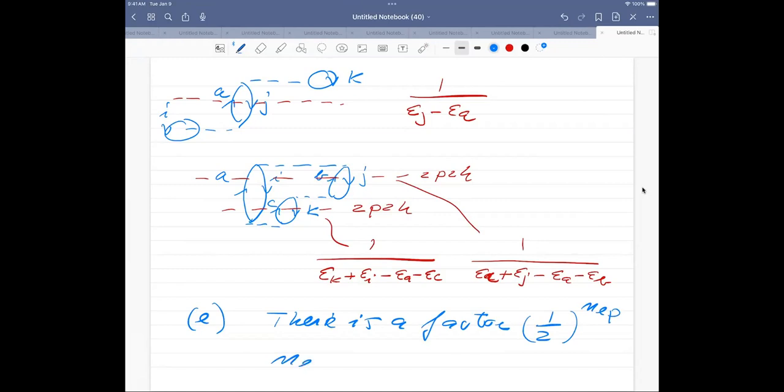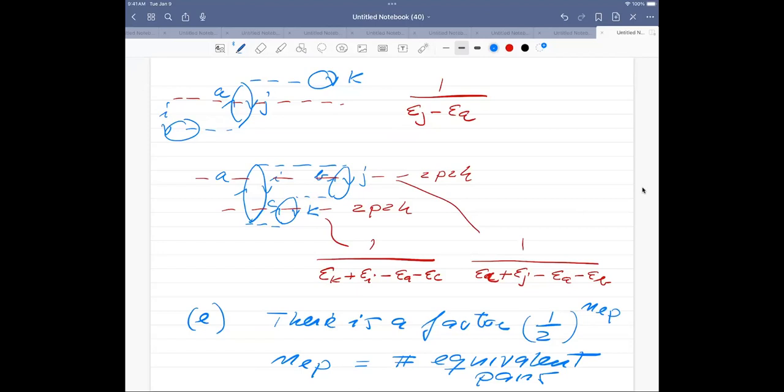This NEP is the number of equivalent pairs, and I'm going to define what we mean by that. An equivalent pair is a pair of lines which begin at the same vertex or interaction and end at the same interaction. This can be the same interaction, or it can be a different interaction.